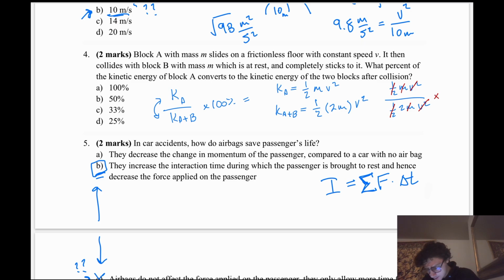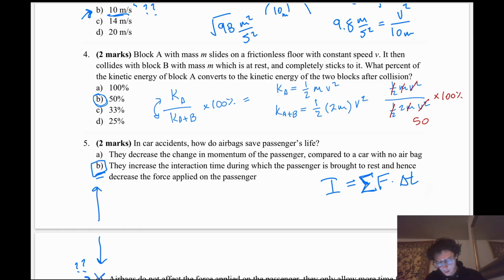We get 1 over 2 times 100%. So this is 50. And if we flip that, it's going to be 2 times 100%, which is 200. So I think it's this one, guys. I think it's 50%. Yeah. That makes sense if the velocity is the same.